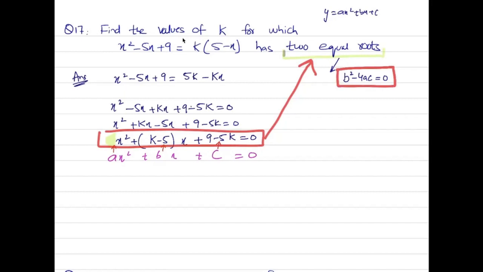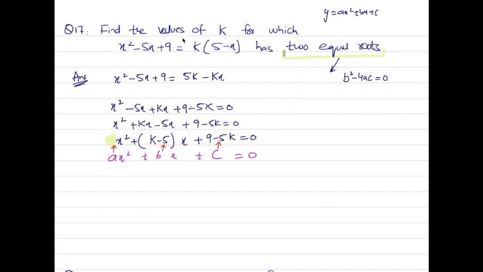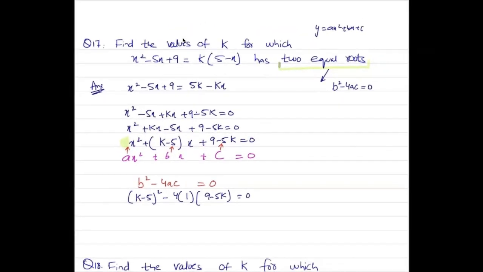If I want two equal roots, do you agree that the discriminant, b squared minus 4ac, should be equal to 0? What's the value of b? k minus 5. What is the value of a? 1. And the value of c is 9 minus 5k. I am going to solve this equation now.